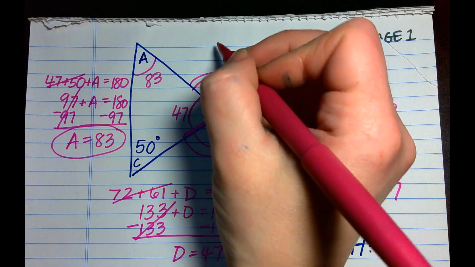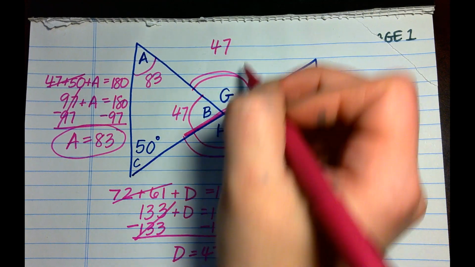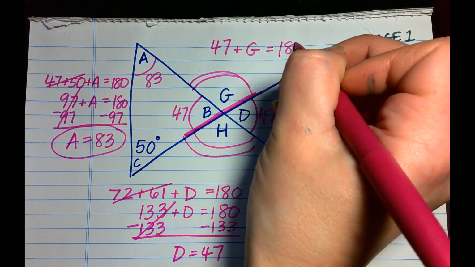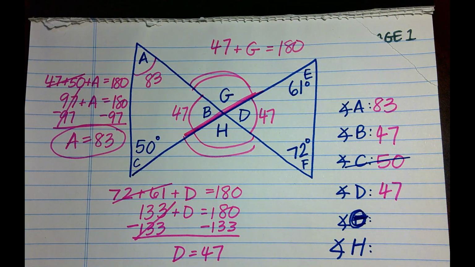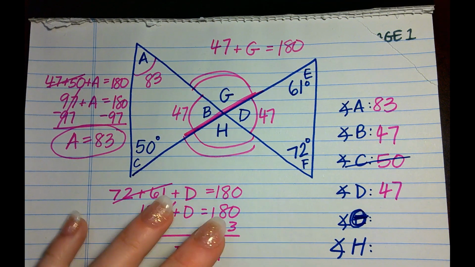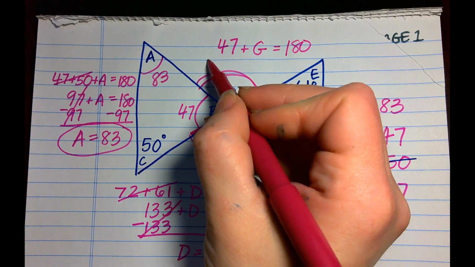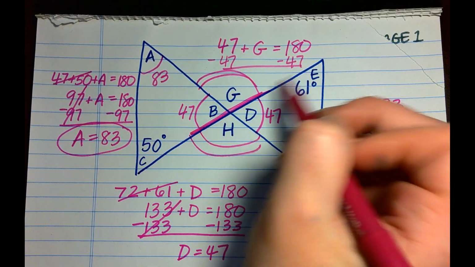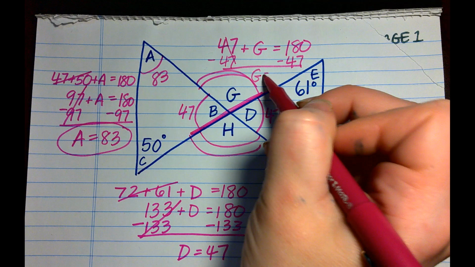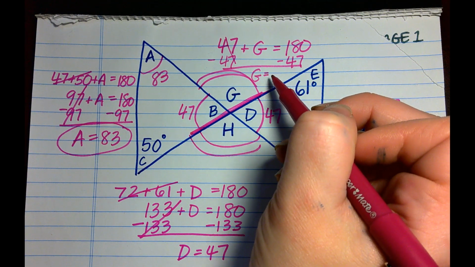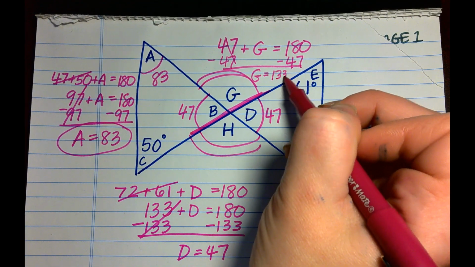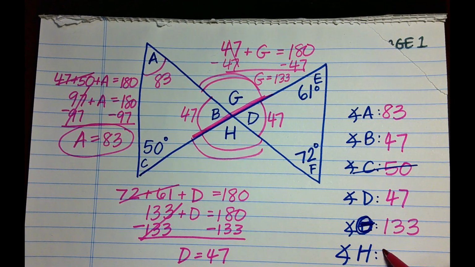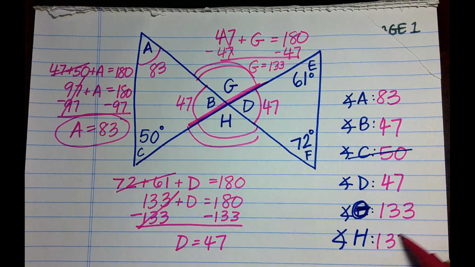So let's do 47 plus G equals 180. What do I do? Subtract 47 from both sides. And what is G? 133. Good. So G is 133. H is also 133.